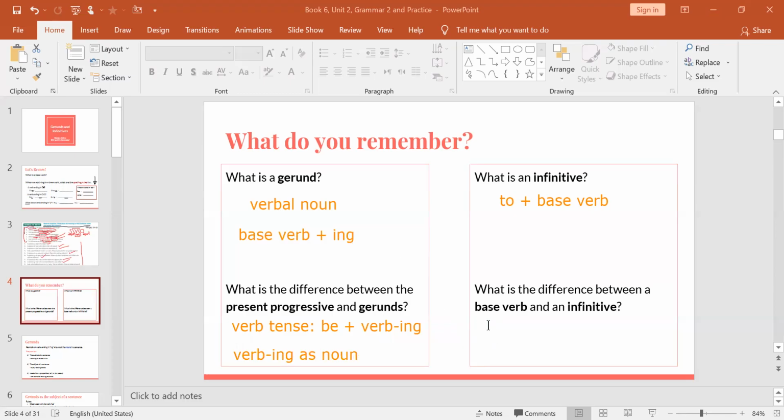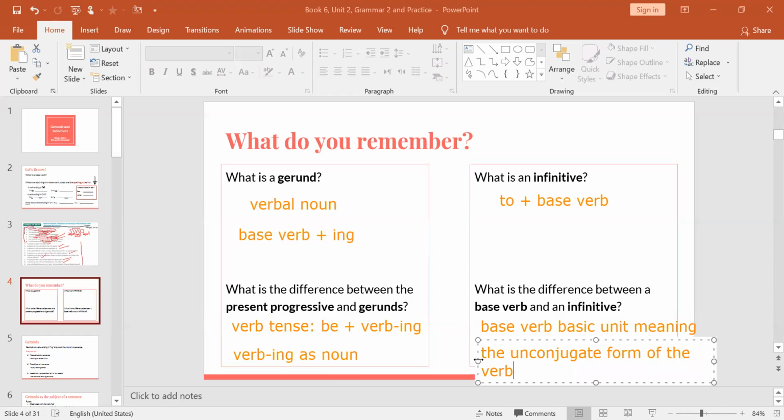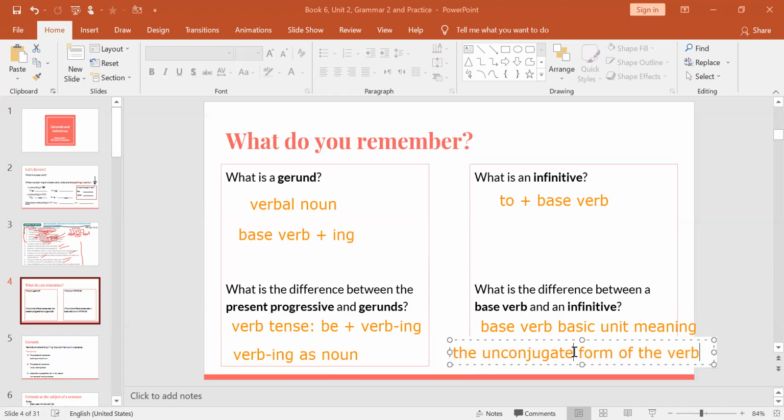What's the difference between the base verb and the infinitive? The base verb is the basic unit of meaning. And the infinitive is the unconjugated form of the verb.